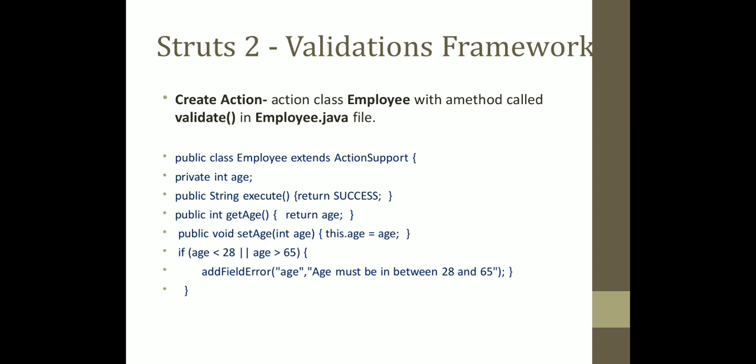Then public void setAge, here we have passed the parameter int age, and this.age is given as age. Okay, so the main motto of our program here is that the employee must enter an age between 28 and 65.